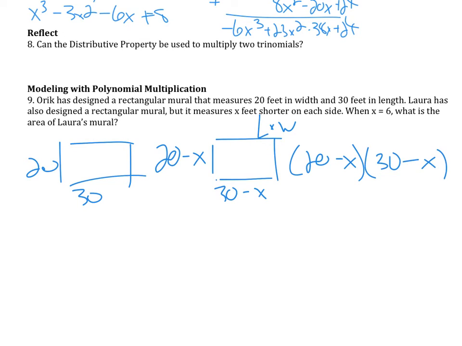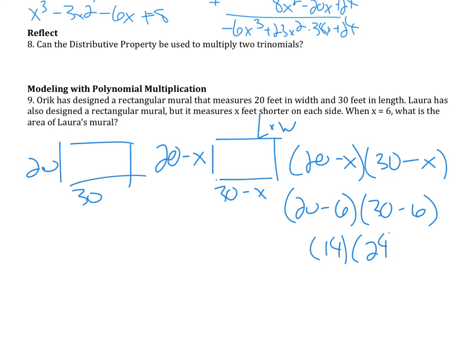And there's two ways you can do it. At this point, you can substitute the x in. So 6 goes in for x. And then we simplify, so we get 14 times 24, which when we multiply that out, gives us 336. The other way is you can multiply that out. So 20 times 30 is 600.